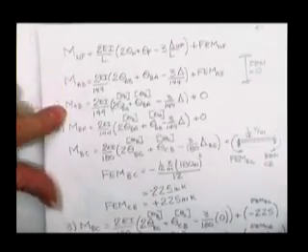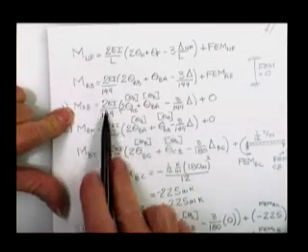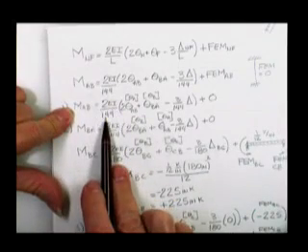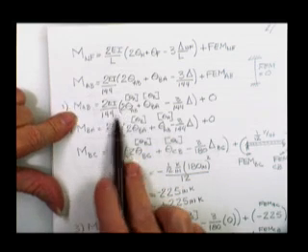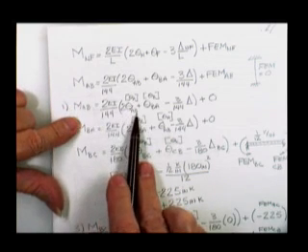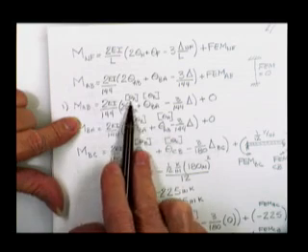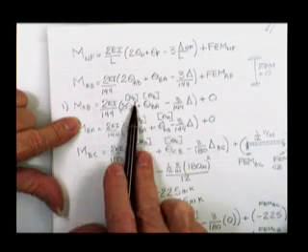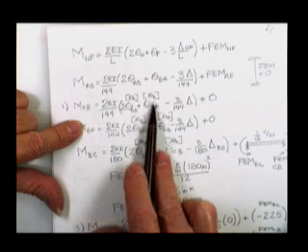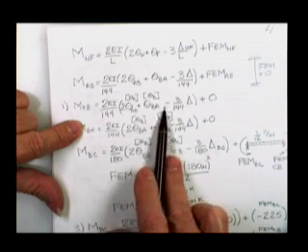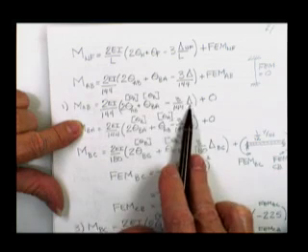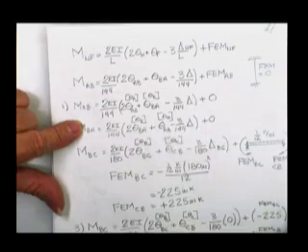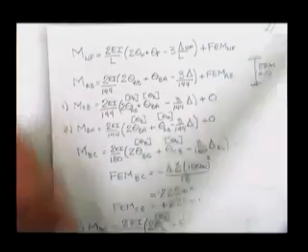All right, so that's how far we got. Now I'm going to plug real numbers in here. Here's 2EI over L times 2 theta AB. I'm just going to replace that with a theta sub A in a minute. Plus theta BA, I'm just going to put in a theta B, minus 3 over 144 times delta, plus, now I'm going to go get the fixed end moments.